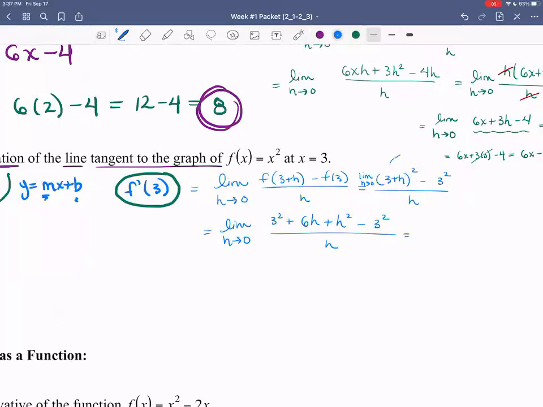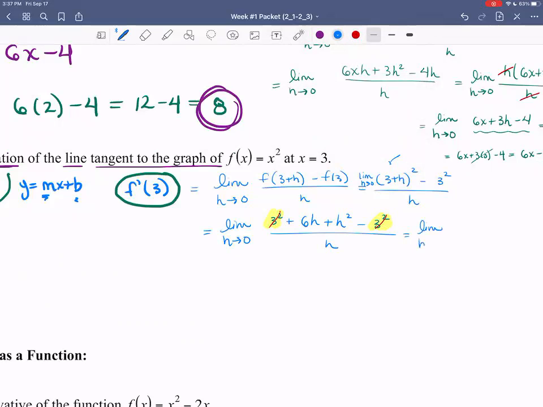I just FOILed, or expanded, that 3 plus h squared out, but feel free to pause the video to expand it for yourself. Now we want to see what we can simplify here. You'll notice we're adding a 3 squared and subtracting a 3 squared, so those 3 squareds cancel very nicely for us.